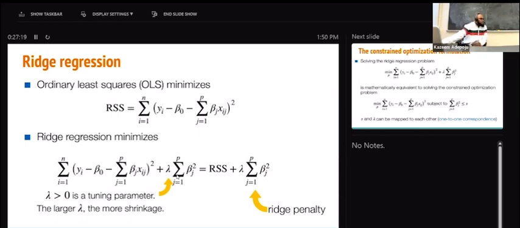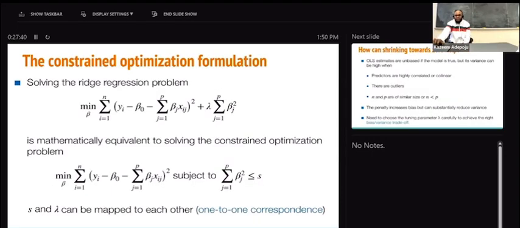Now, the ridge penalty is the summation of beta j squared. If I also show you that of the lasso, there's still going to be a tuning parameter, but instead of working with the summation of beta j squared, I will be working with the absolute value.